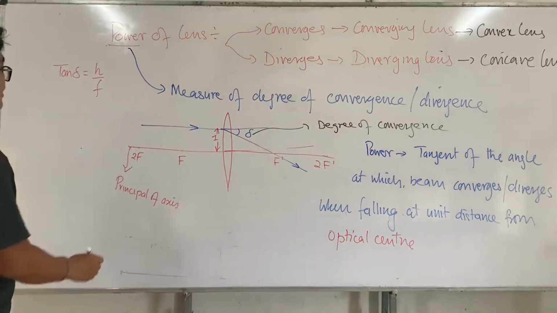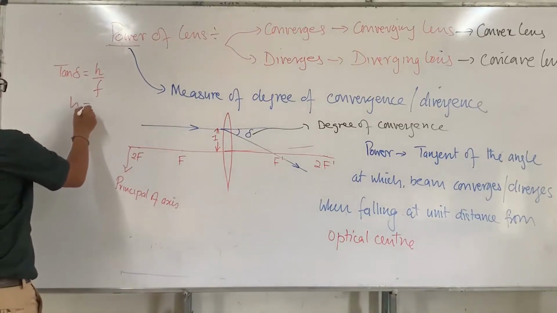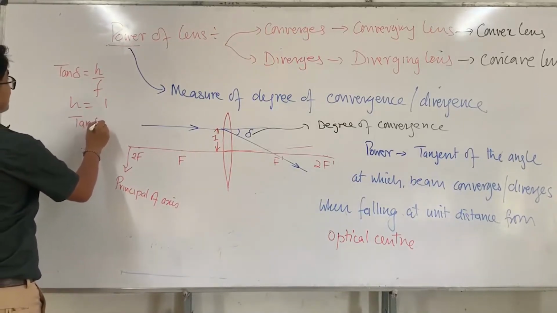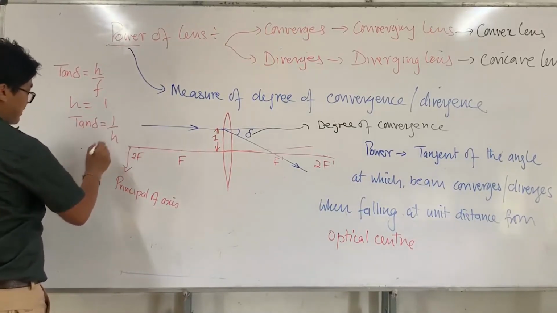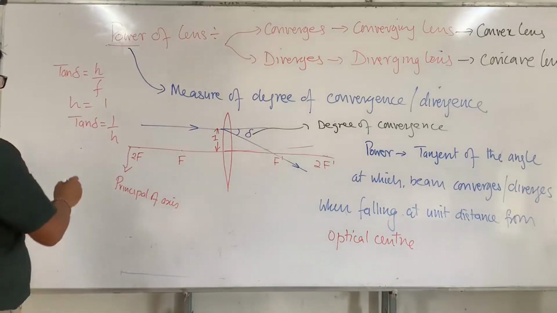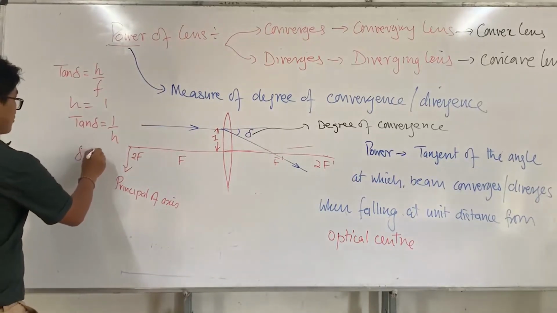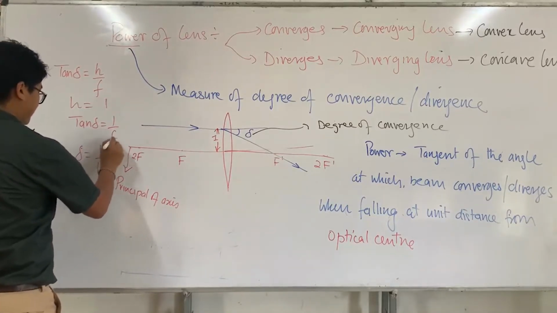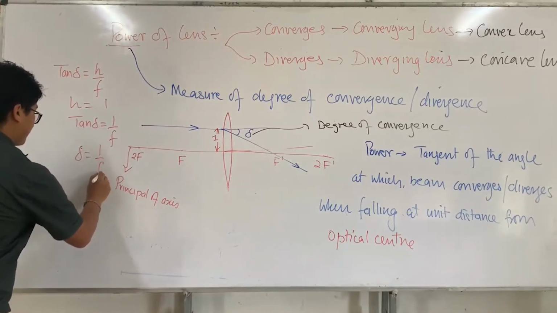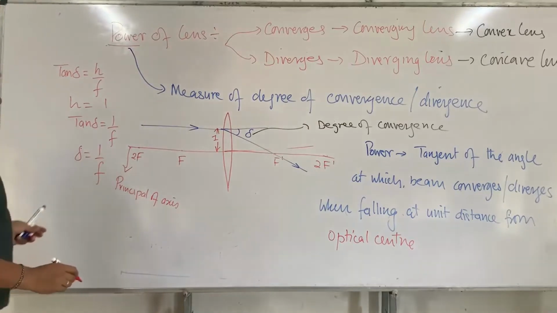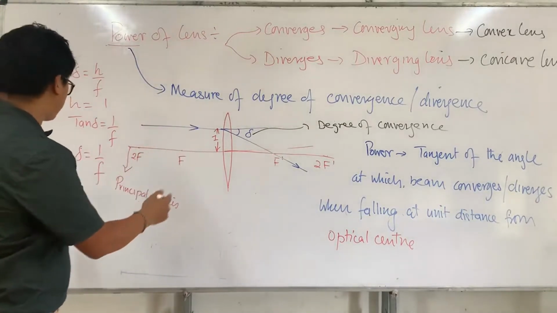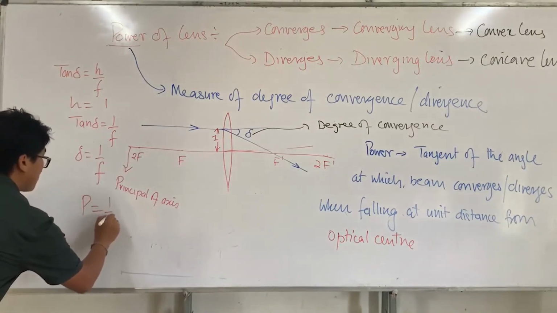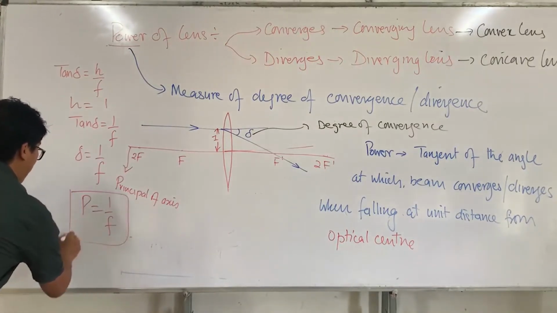Since I choose h equal to 1, tan delta is equal to 1 by f. Since delta is small, delta is equal to 1 by f. And this delta is the degree of convergence or divergence. So this is what we call P. So P is defined as 1 by f.